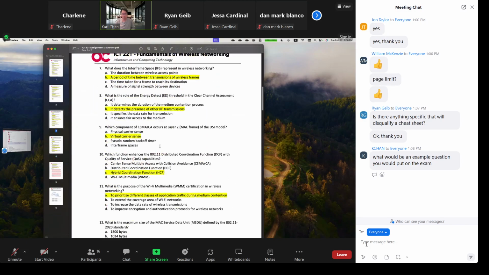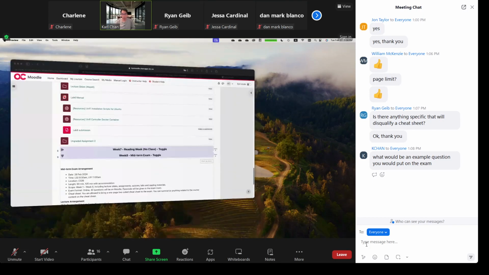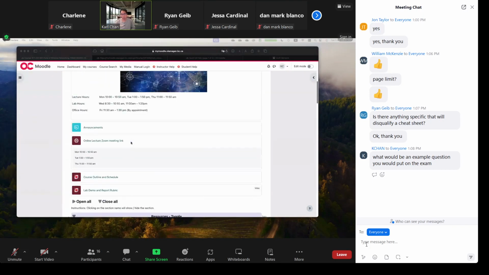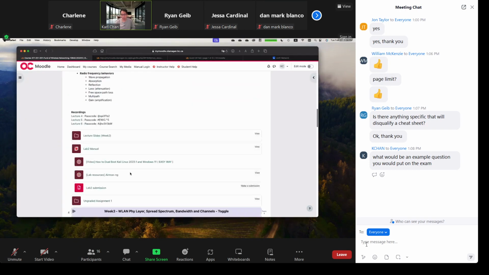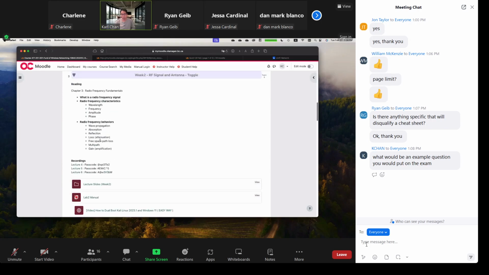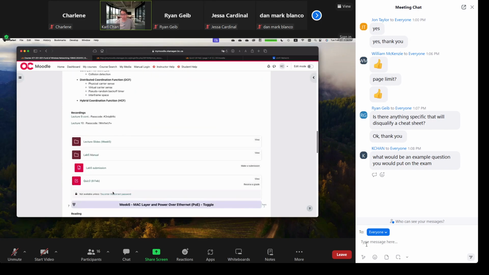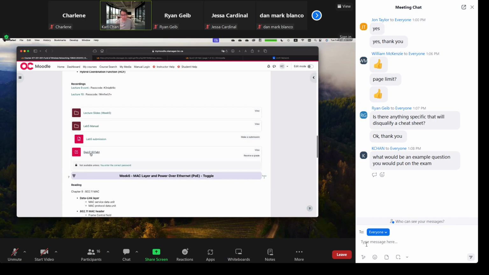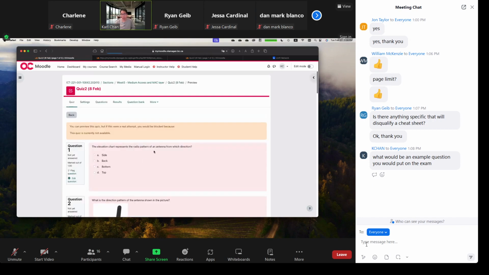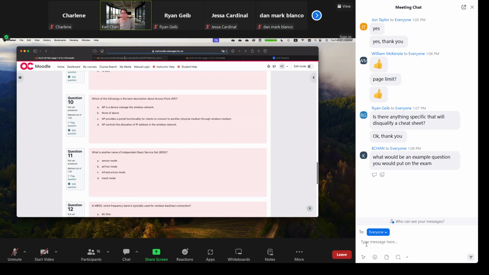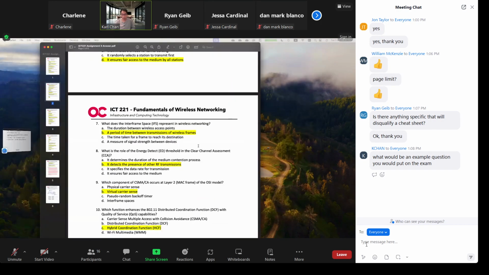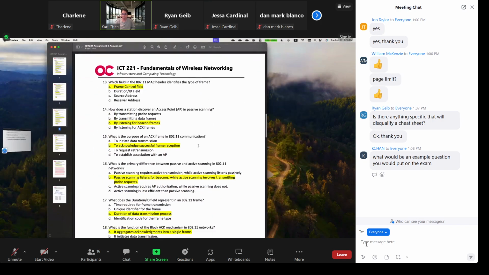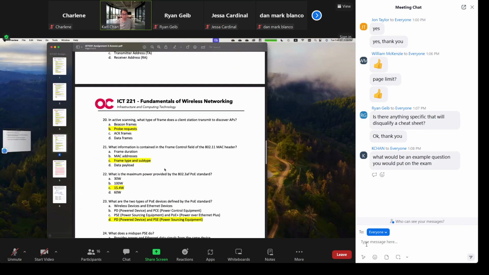Together with our graded assignments, 3 ungraded assignments, and all the quizzes, we have basically 100 questions, which may be similar to the midterm exam.